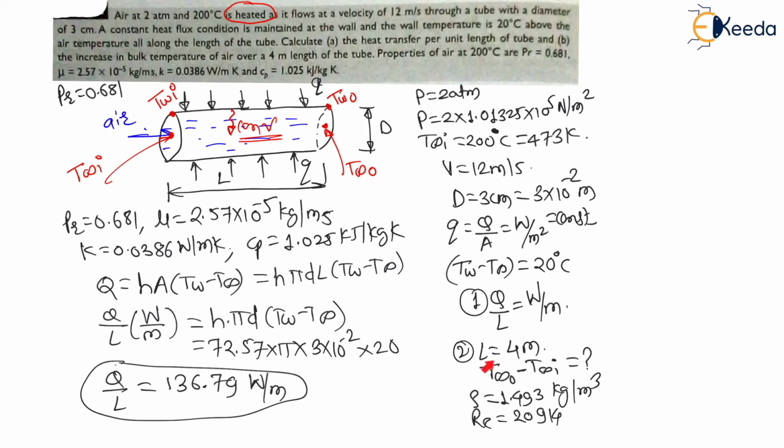Now for the second question, they have given that if length becomes 4 meter, then this heat transfer will become 136.79 into 4. Then what is the bulk fluid temperature difference? That is, what is the fluid temperature at exit minus fluid temperature at inlet?